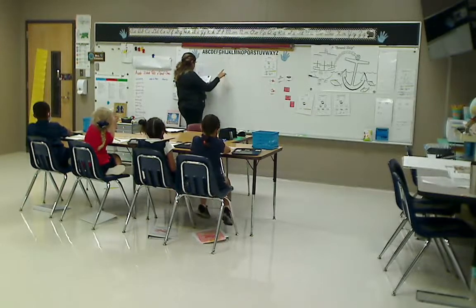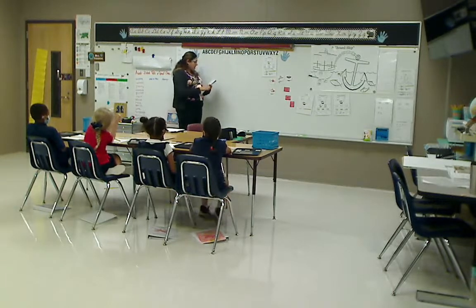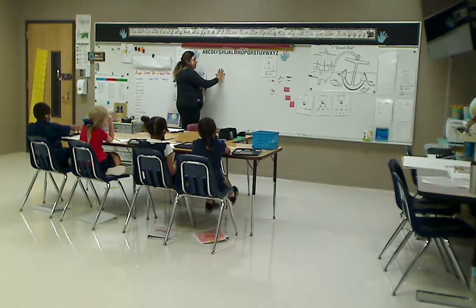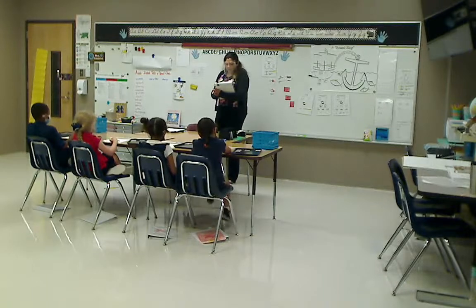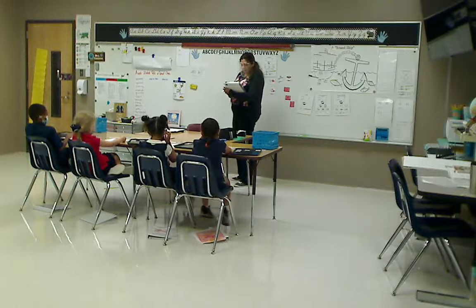A phrase is a group of words that has meaning but does not express a complete thought. Echo, a phrase is a group of words that has meaning but does not express a complete thought.